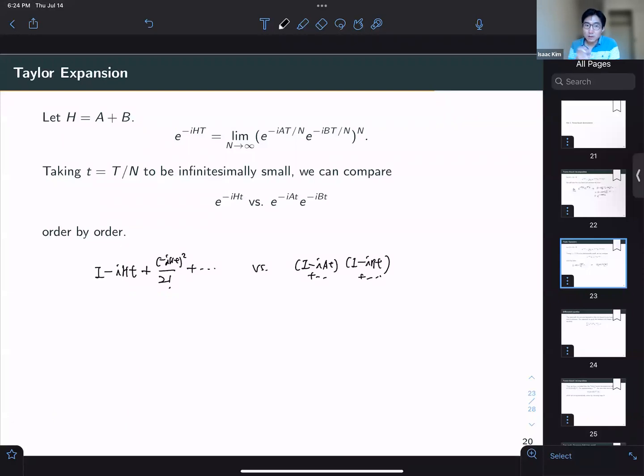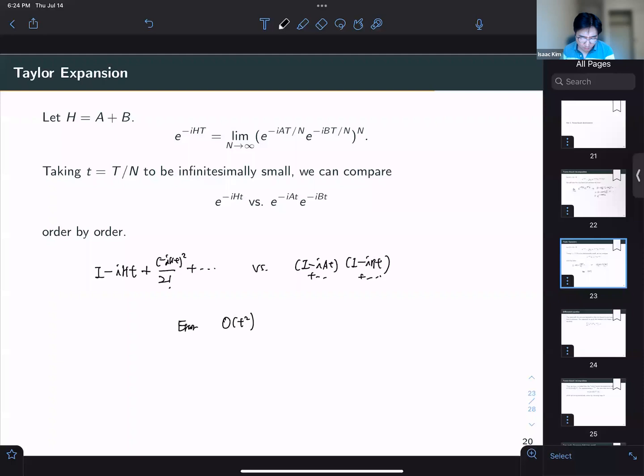As we've seen, the leading order is the same. The next leading order, minus iHt and minus iAt minus iBt, they match. If you check the next order, you'll see that they actually do not match. So the error, the difference between the left-hand side and the right-hand side, is order t squared. Okay.